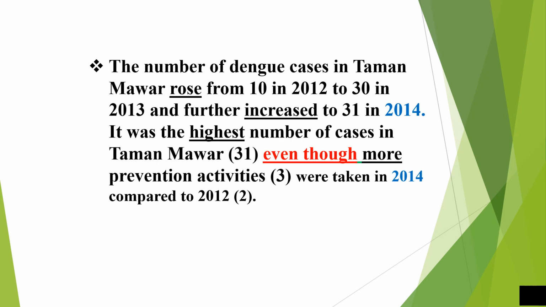Now the last example. The number of dengue cases in Taman Mawar rose from 10 in 2012 to 30 in 2013 and further increased to 31 in 2014. It was the highest number of cases in Taman Mawar, 31, even though more prevention activities, 3, were taken in 2014 compared to 2012, 2.